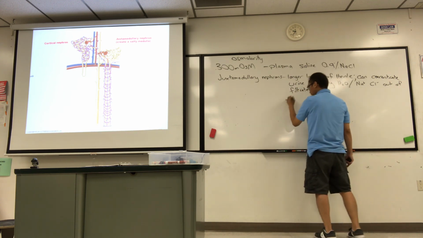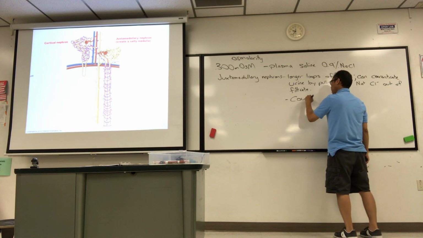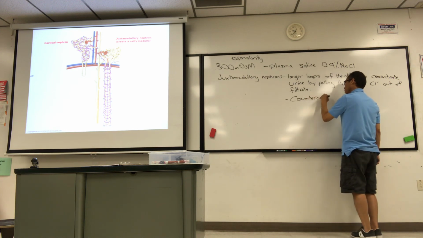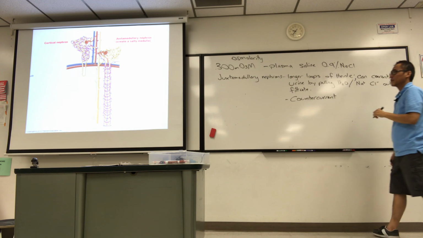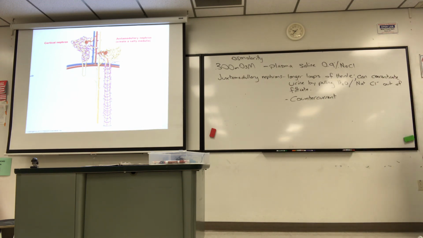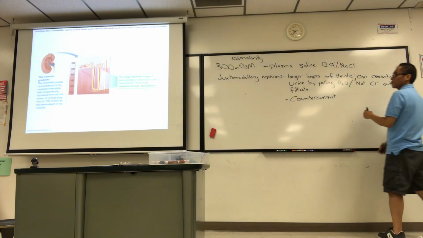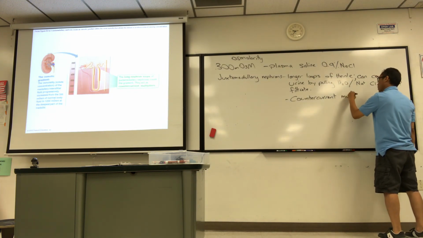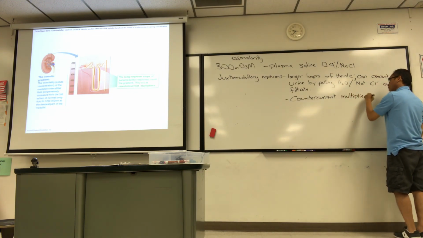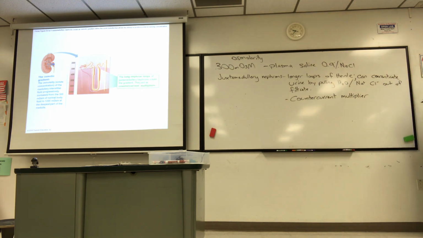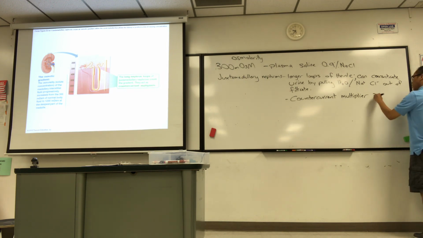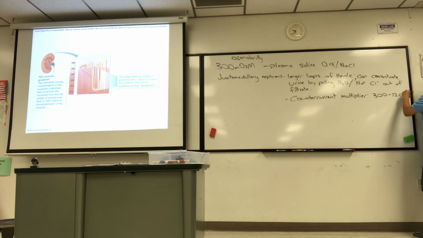And the mechanism, the physiology part, is called the countercurrent multiplier mechanism. This mechanism multiplies the concentration of the filtrate and the interstitium from 300 to 1200. I'll drop the units, but as you know, it's milliosmolarity.